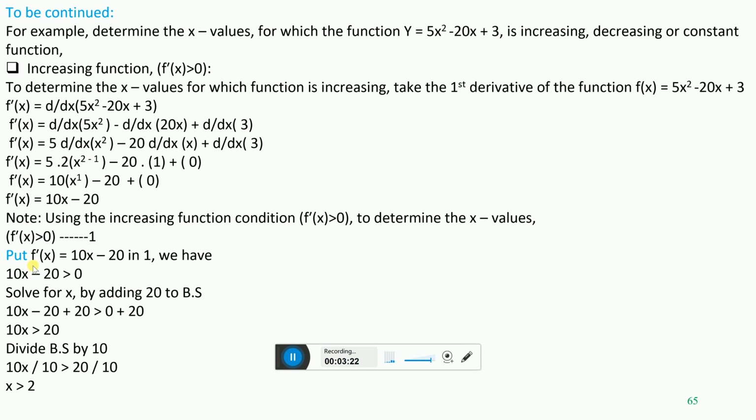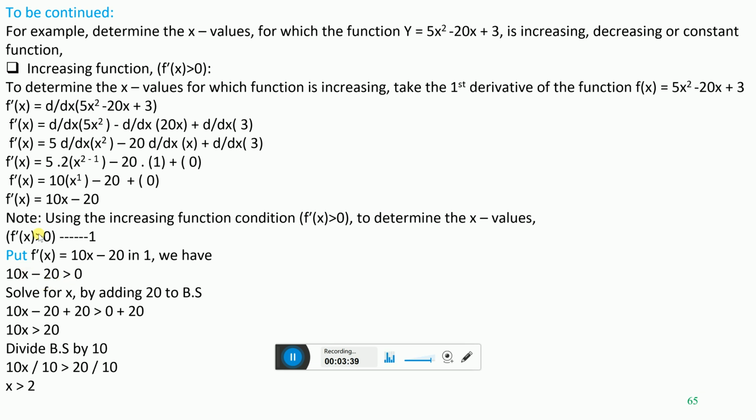So put f prime of x is equal to 10x minus 20 in 1. We have 10x minus 20 greater than 0, and now we have to find x from here.